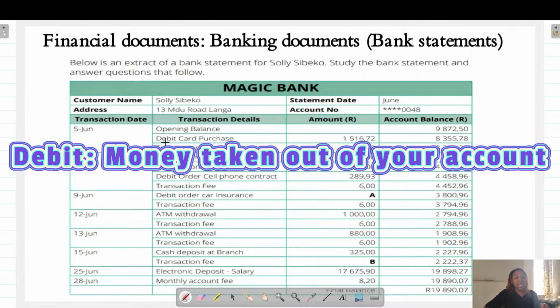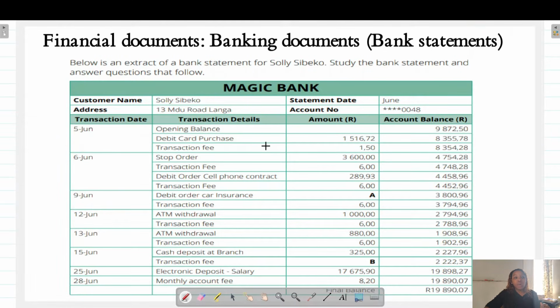In this case, Solly Sibugo made a card purchase of 1,516.72 rand. And what was left in his account? When money came out of his account, he was left with 8,355.78. And then what do we see?